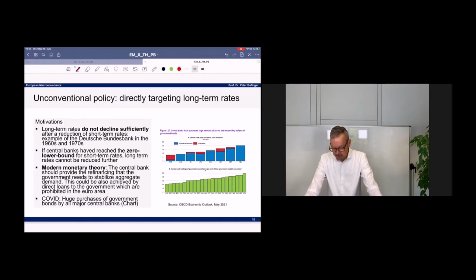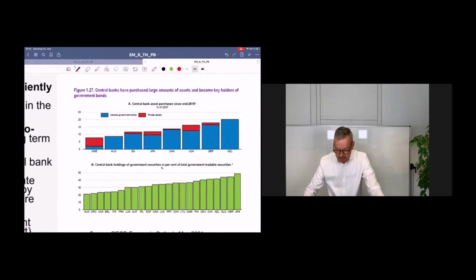And now if we have this COVID pandemic, I think this was a situation where we had really huge purchases of government bonds by central banks, and you can see the amount of government bonds and private corporate bonds purchased by important central banks since the end of 2019.